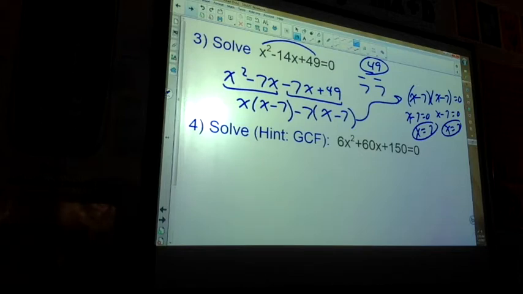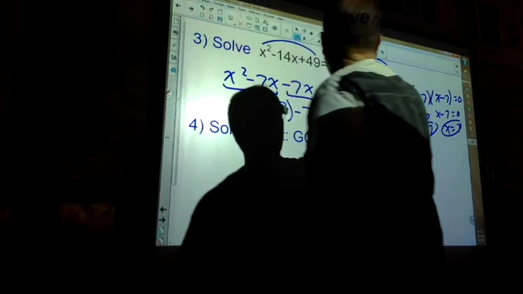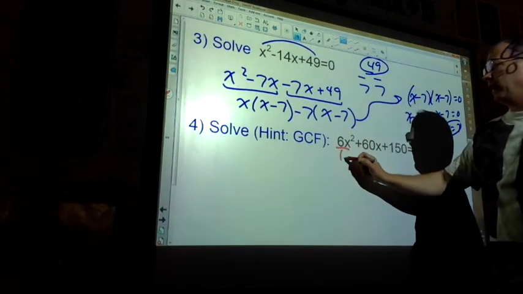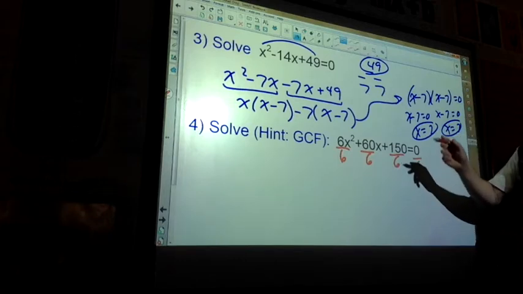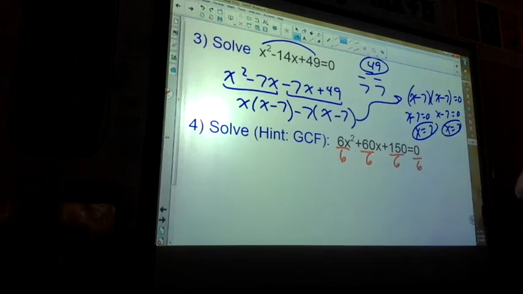All right. What do you think about that last one? It says, oh, we have a hint. So we have a greatest common factor. Being it's equal to 0, I could try and factor out the 6, which is fine. Or what I could do is, being it's equal to 0, I'm not trying to break it into factors at this point. I could divide all terms by 6. What I do on one side of the equal sign, I have to do on the other side.